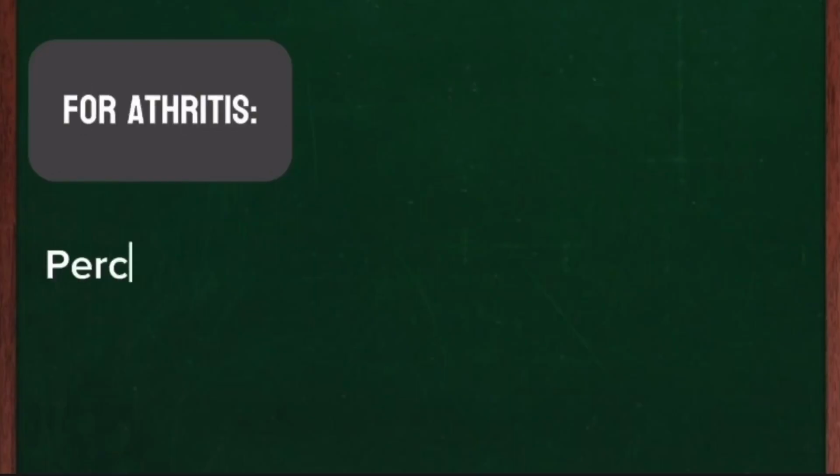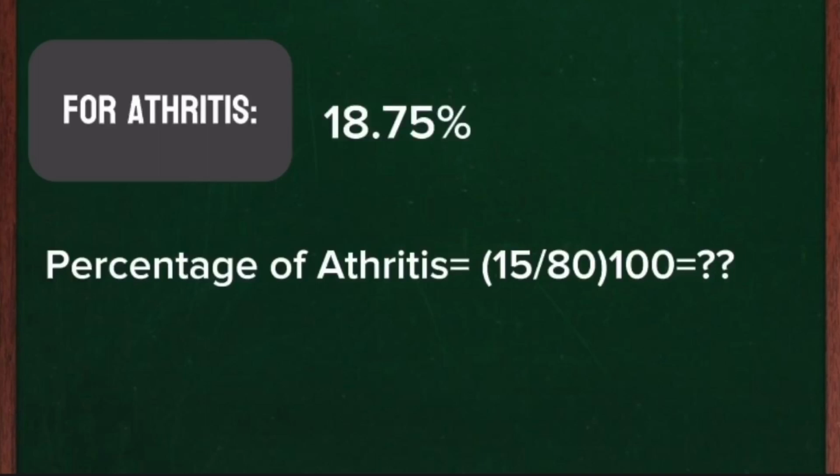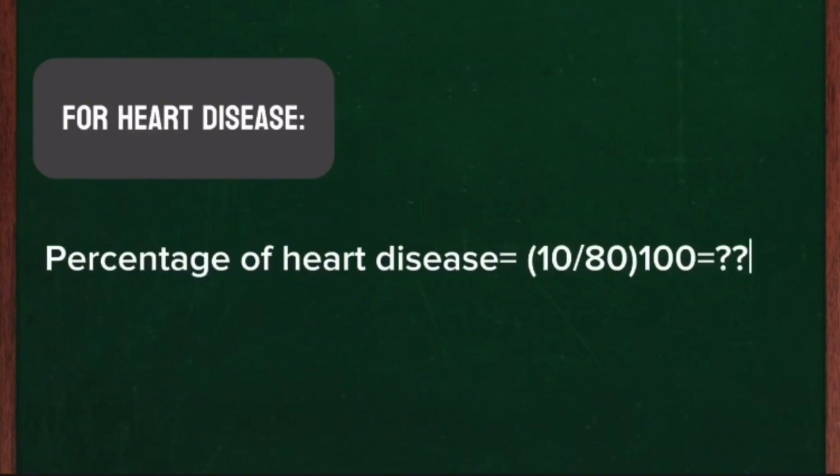Now we're going to arthritis. Percentage of arthritis is equal to 15 divided by 80 times 100, which equals 18.75%. For heart disease, percentage of heart disease is equal to 10 divided by 80 times 100, which is equal to 12.5%.